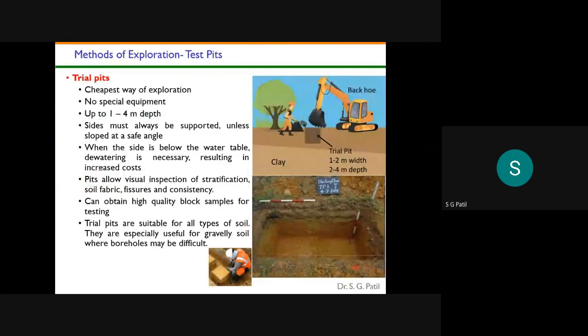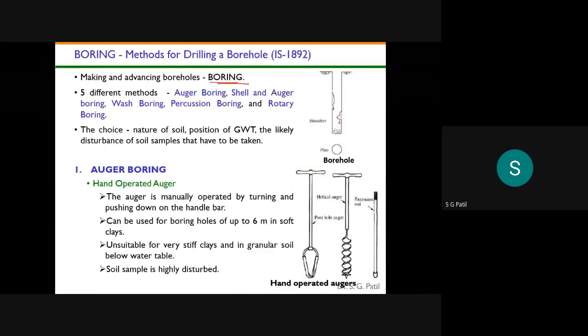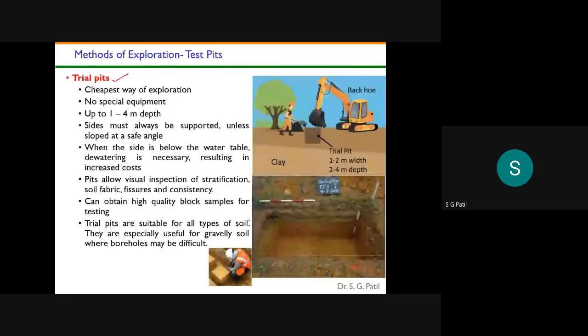In detail we have already discussed the trial pits. Either to see the soil strata we can go for trial pits or you can go for borings also. So what is a trial pit? Just you make one excavation in the ground.